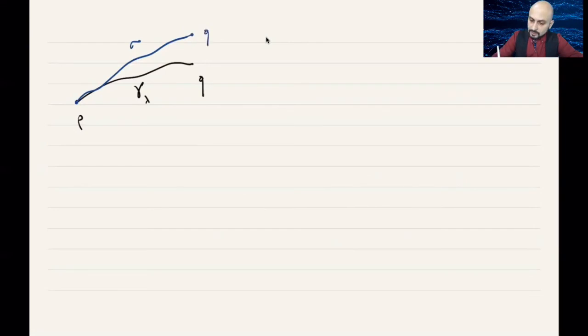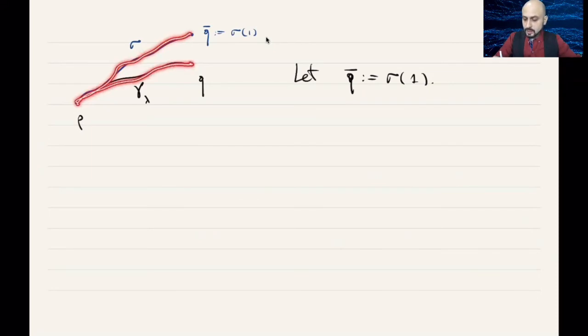Let's call it q bar, by definition sigma of 1. So this is another point. This sigma actually has length less than gamma. This is easy to check, but now we want to estimate the Carnot-Carathéodory distance between q and q bar.